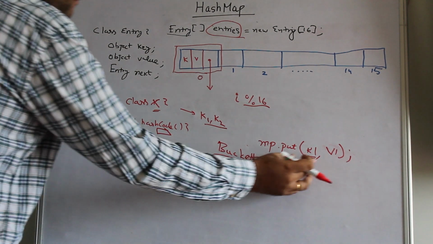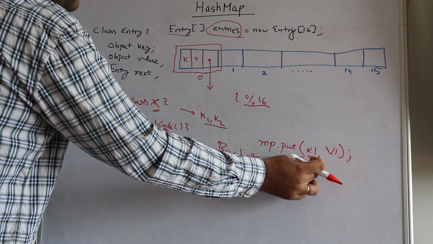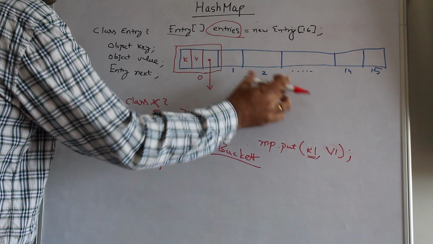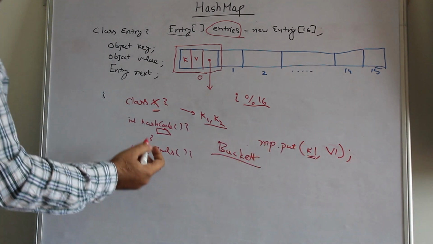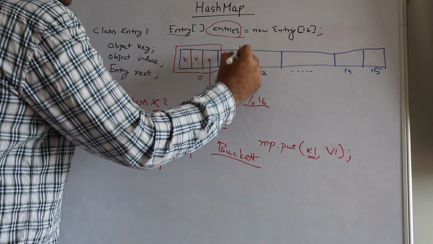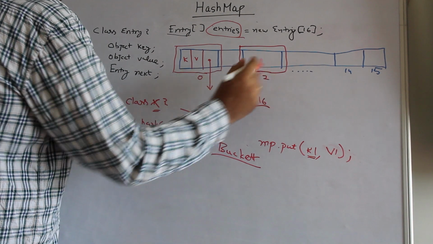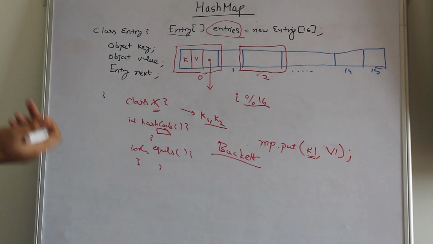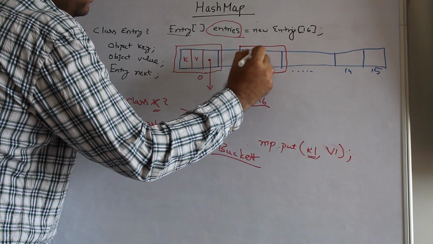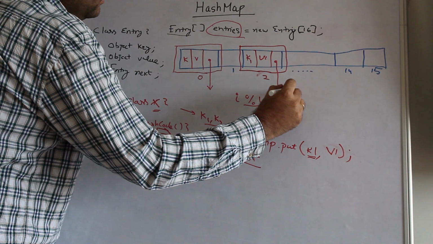So we were putting k1 and v1, and we were discussing that the hash map has calculated an index 2 for this k1, based upon the hash code that we are supplying. Now on this index 2, we see the entry is currently null here. So we will put k1 v1 here, and this will point to null.